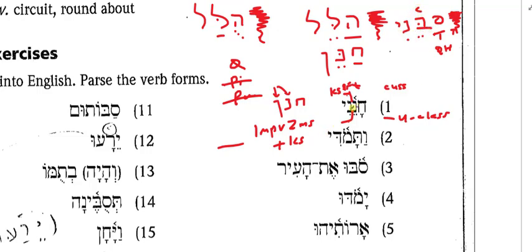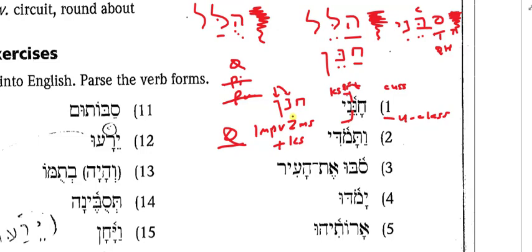And I have choneni. You see how those are the same thing, just different root letters. So this is a command in the Qal to someone to be gracious to me, favor me. That sort of idea.